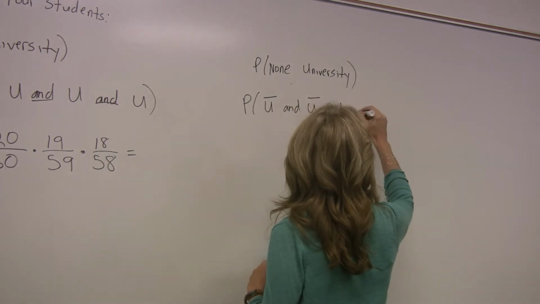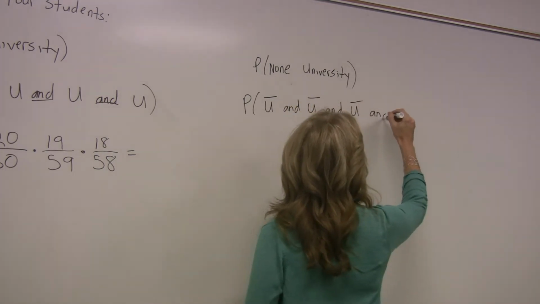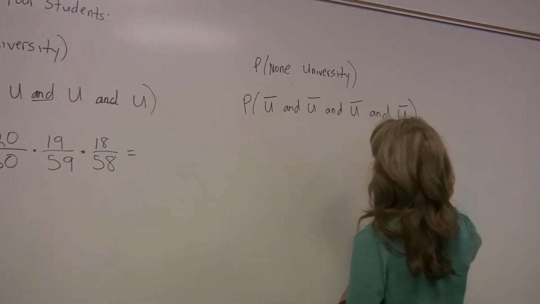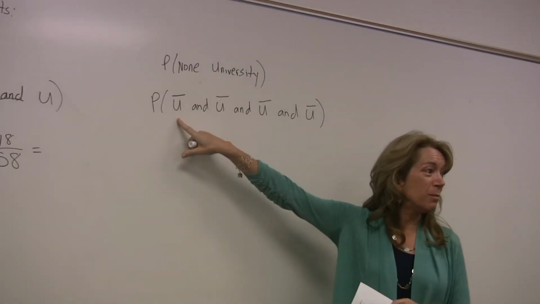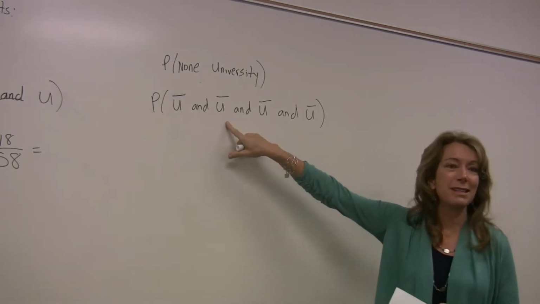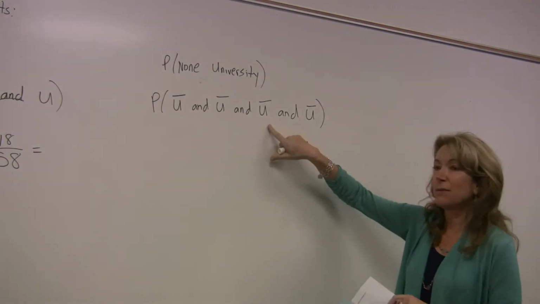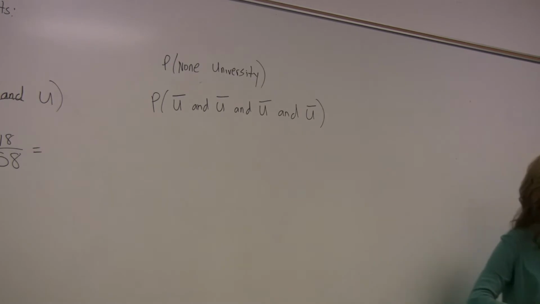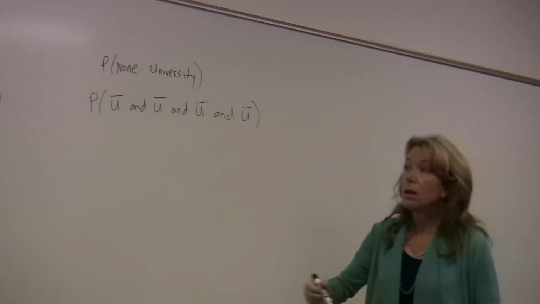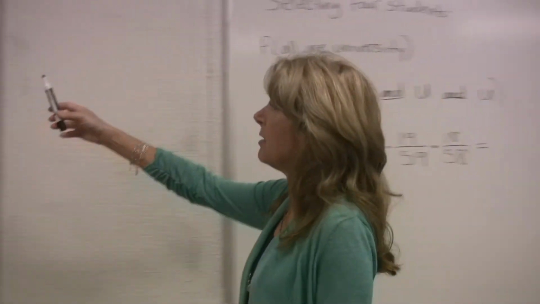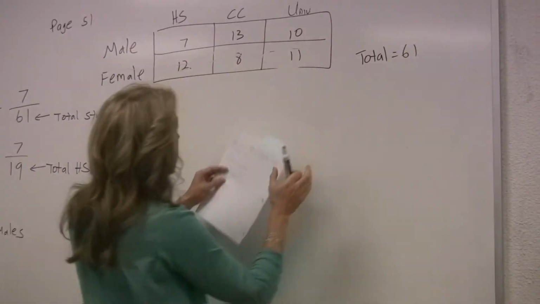You guys okay with this notation? What do I mean by that? Complement, not university, right? That's what that means. The first person's not from the university, the next one's not from the university, the next one's not university. It's a shorthand for writing not university. So would you just subtract one like you did to the top one? So we would just come over here and say, okay, well, there were 21 that were in the university.